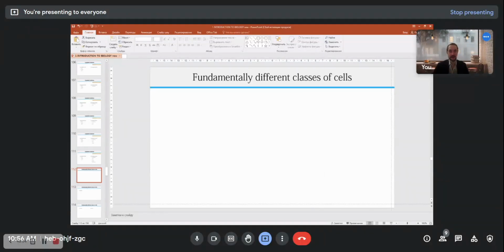And now let's switch to another topic that is also related to cells. Let's speak about different classes of cells. Of course, if you look inside of the human body, you will see a lot of different types of cells, and we probably would need maybe 1 week or 1 month, actually not months, but the whole year, to describe different types of cells of the body.